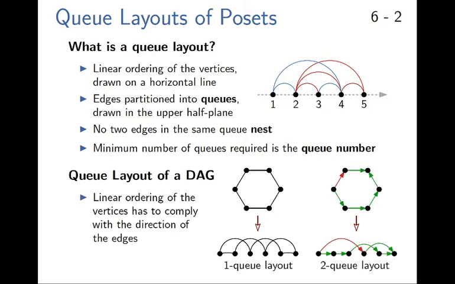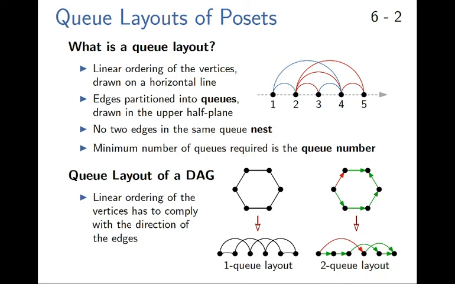We are here in a slightly different setting because we have directions on the edges, and this of course should be reflected by the queue layout. What we want is that the edges point from left to right, so no backward edges allowed.